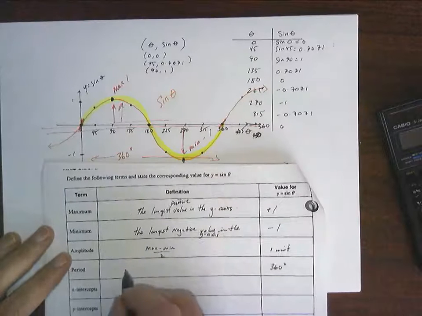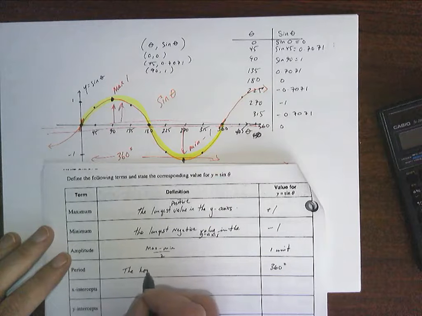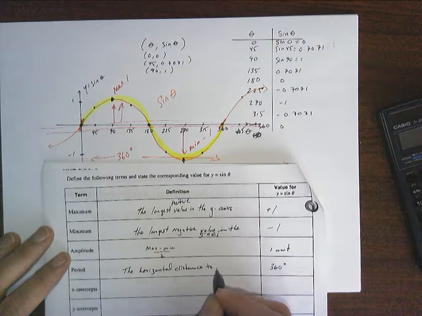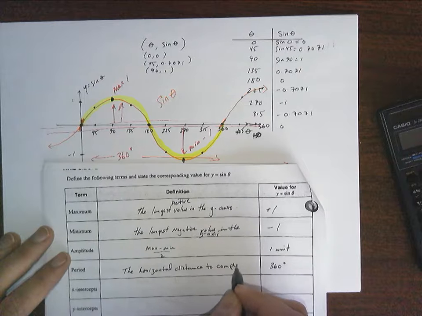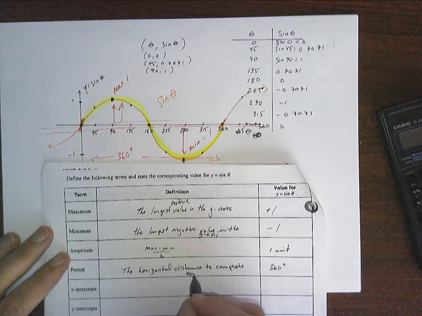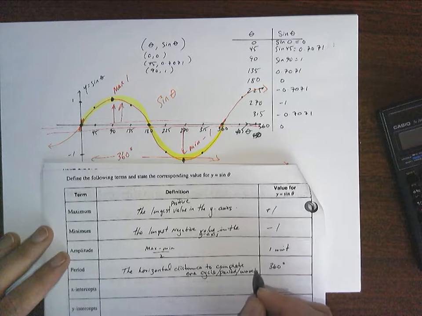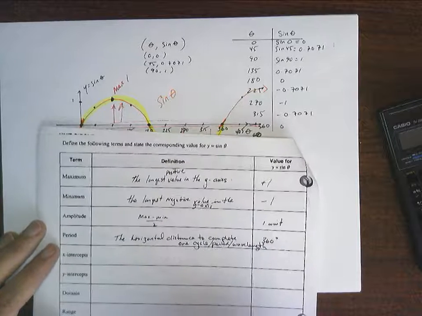So this is the horizontal distance to complete one wavelength, one cycle, one period, one wavelength. They're all the same. In physics, you call them wavelengths. In math, we call them cycles or periods.